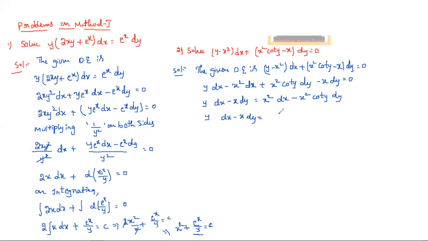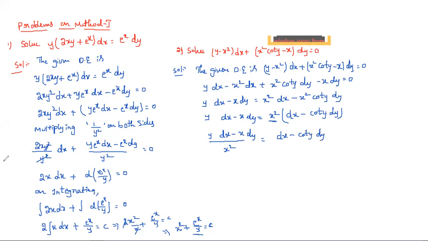If you observe this, in these two terms, which one is the common one? x² is the common one, so take that as common. Then (dx − cot y dy), and take this x² term to the left-hand side. There it is multiplying; when it comes to this side, it is divide. So (y dx − x dy)/x² is equal to dx − cot y dy.